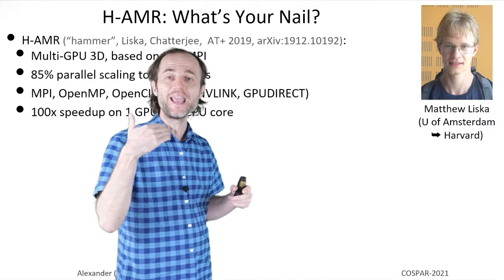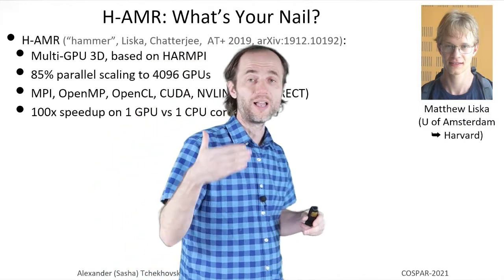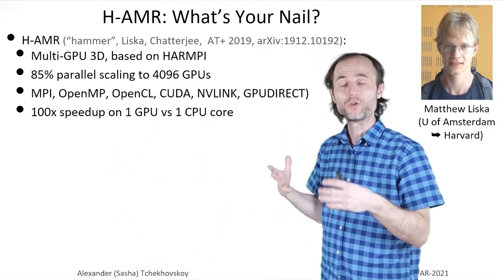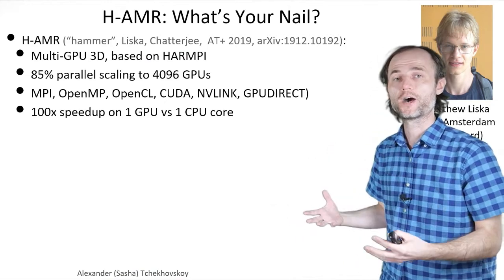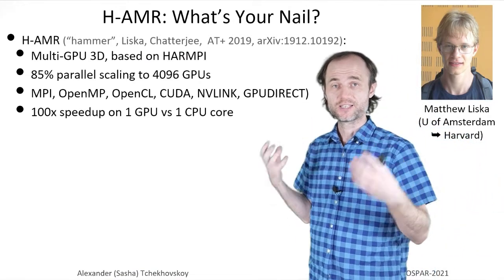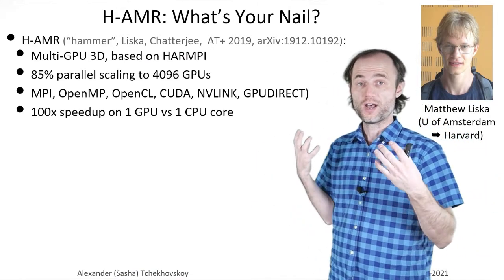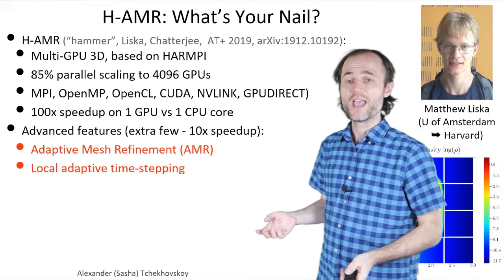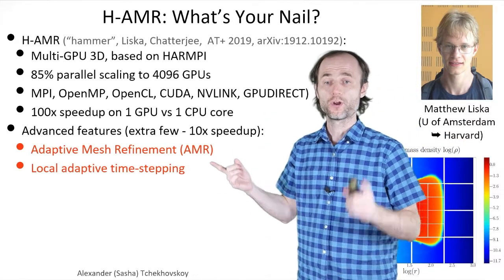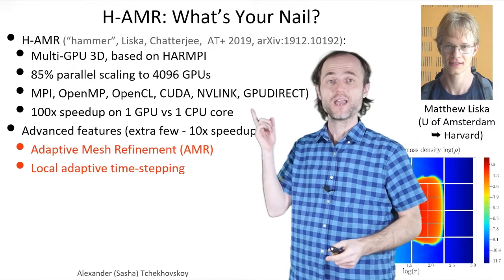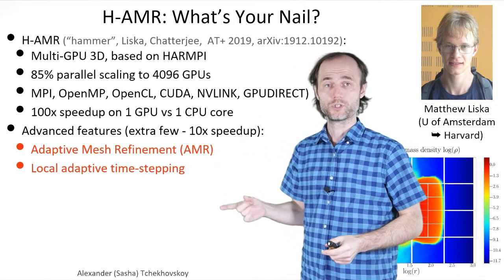We developed a new tool that is able to run on graphics cards, which are much more powerful than the central processing units of the supercomputers. And we have added, or rather Matthew Liska has added, extra bells and whistles to this code.